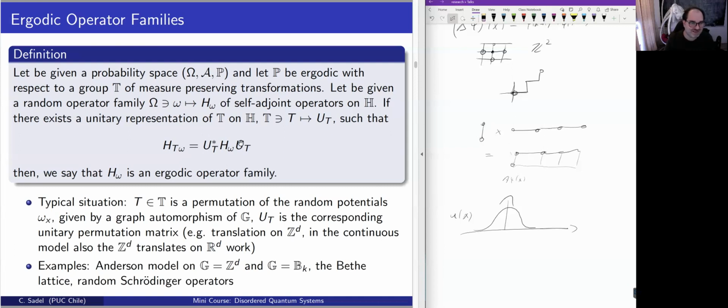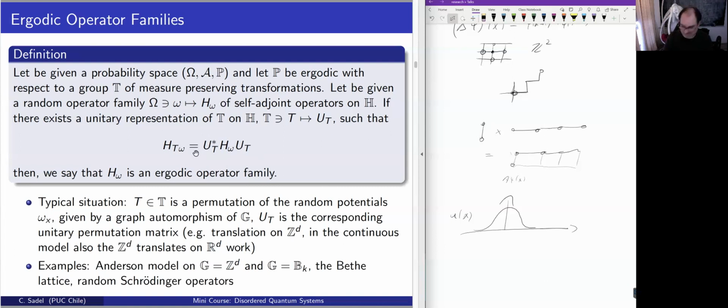In particular, we use permutations that come from graph automorphisms of G. The unitary operator is then the corresponding unitary permutation matrix, and you get this relation automatically for the potential. If you have a graph automorphism, you also have this type of relation for the Laplacian, so you get it for the whole random operator.